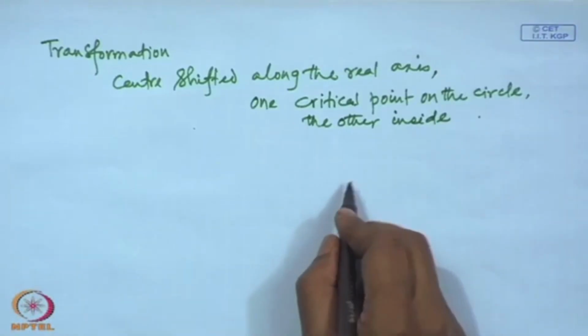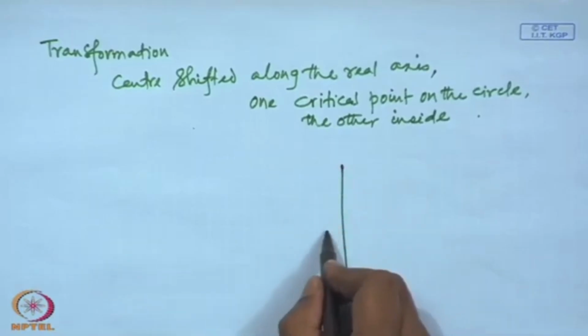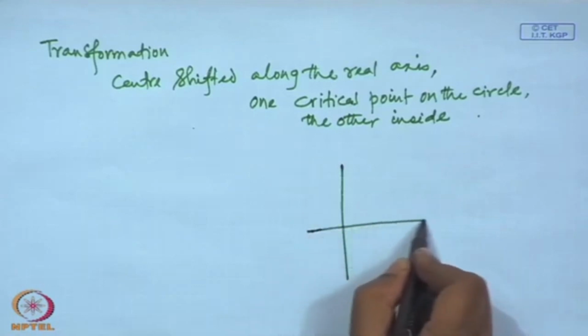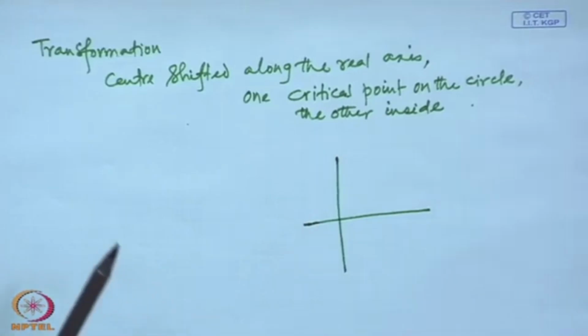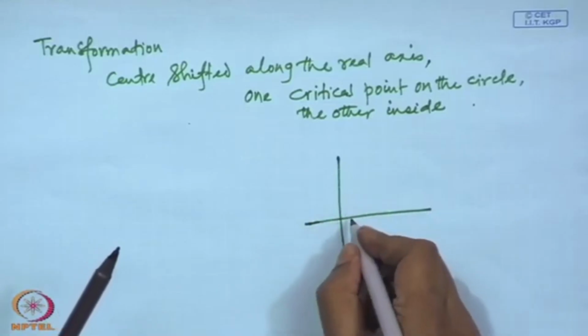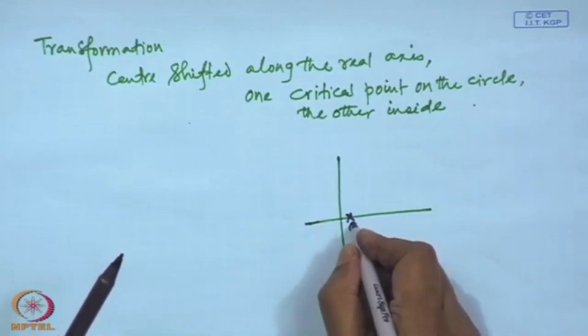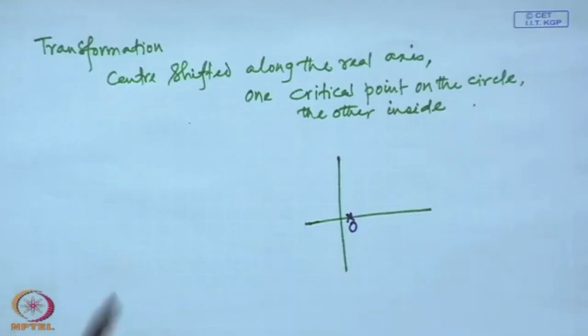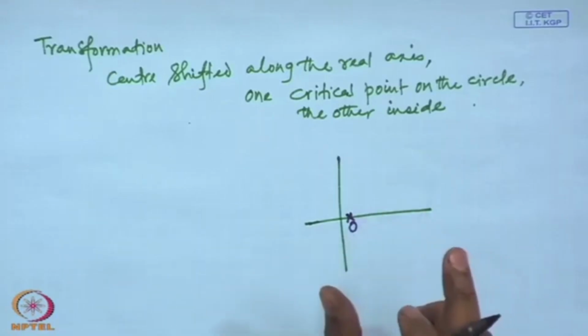That is, let us say we shift it by a very small magnitude, a very small amount from the origin. This is the origin, we place the center of the circle somewhere, say here, okay. Call the center of the circle O. We put the center here and then take one of the critical points on the circle.